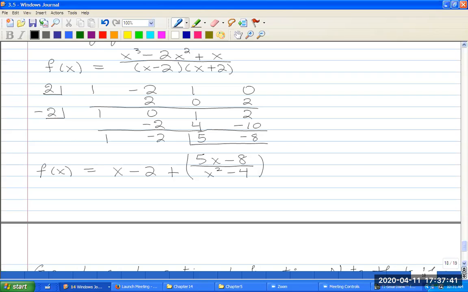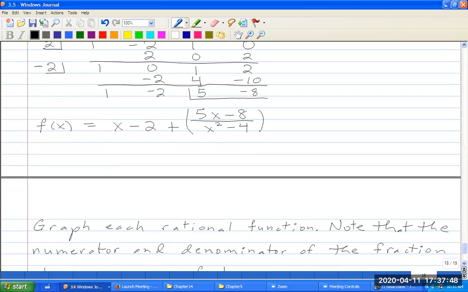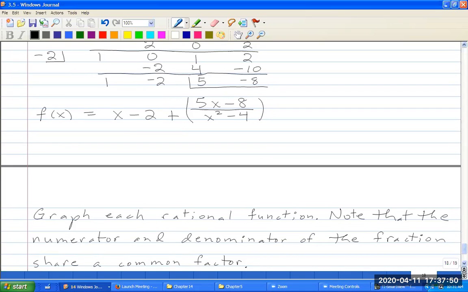Okay, so let's do some asymptotic behavior. First off, as x goes to infinity, this term goes to 0.